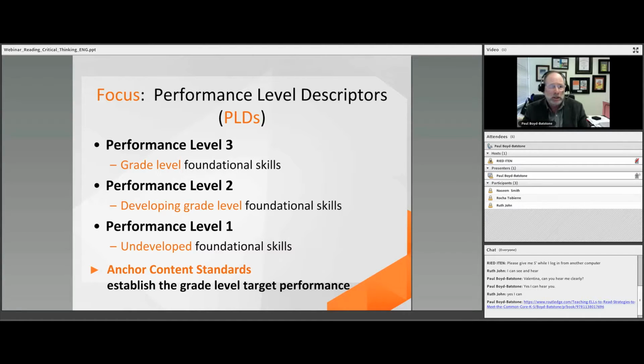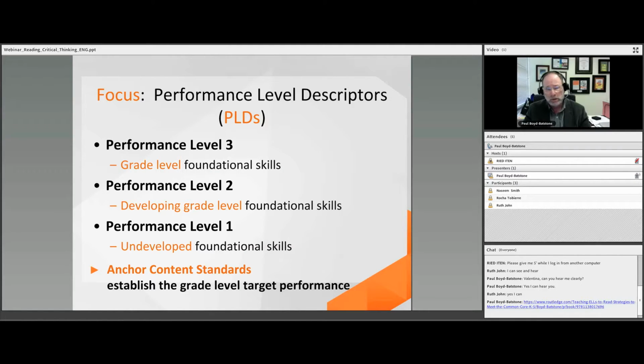Level 3 is when a student is operating at the expected grade level for foundational skills. Level 2 is when we have them developing those foundational skills, but not operating at an expected grade level. Level 1 is when those skills are entirely undeveloped and really need a lot of work.